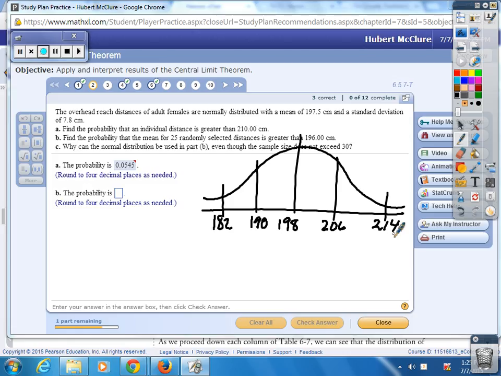And they want to know, find the probability that the mean for 25 randomly selected is greater than 196. The 196 would be right in here.